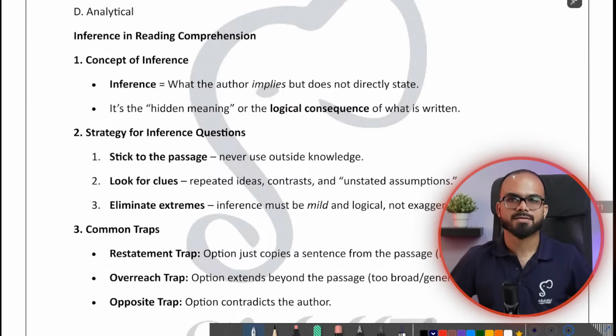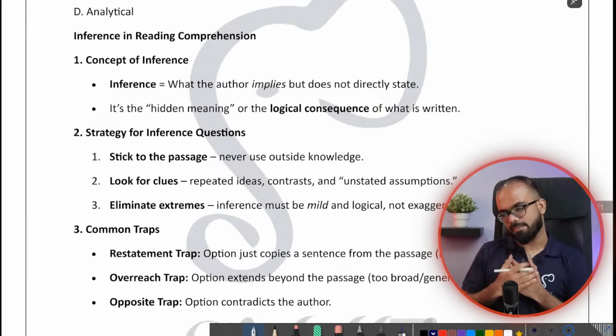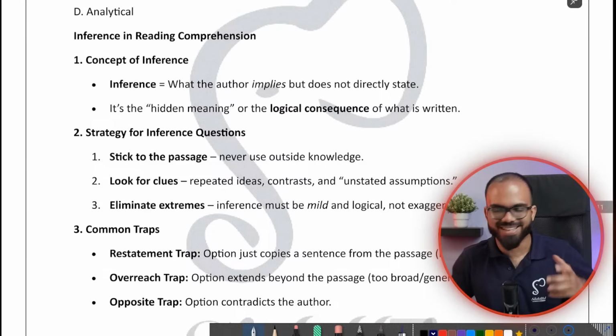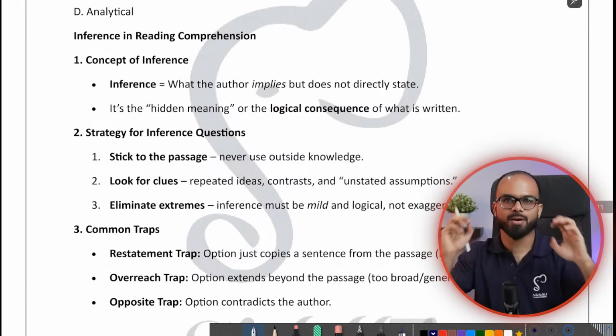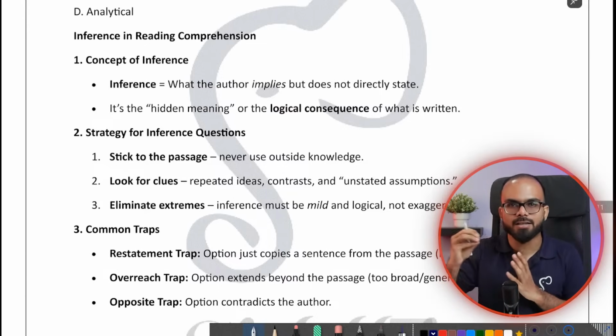Nice. What we observe from the topic, what is the conclusion? Yeah, it is there on the slide. I'm sorry. Okay. So, the inference is nothing but an understanding.